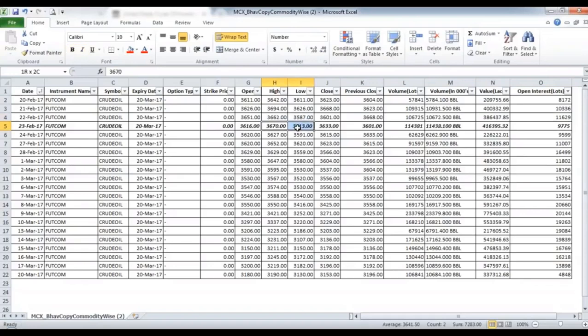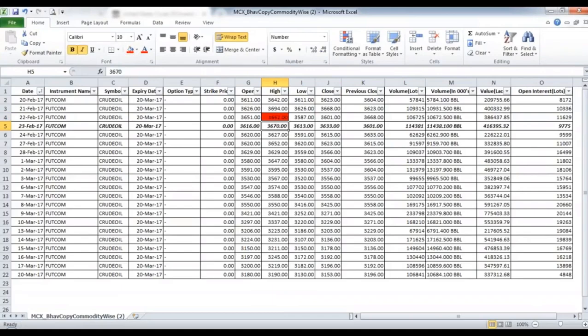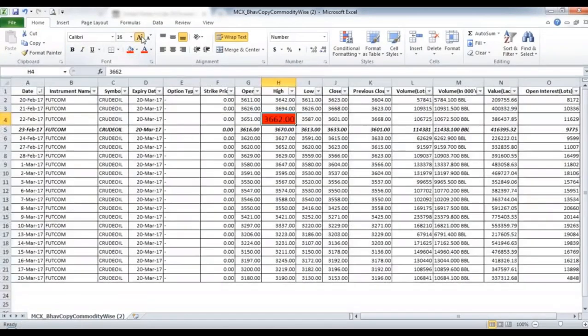Compared to the previous day, is it? Okay. And did it close above this? The answer is no. It didn't close above it. No problem. So if it didn't close above it, did it go above it? Yes. So do you think there is a resistance which has been created around 36.22?